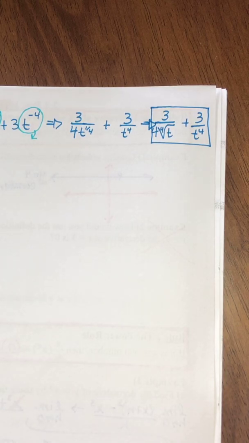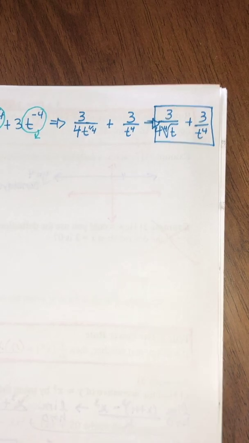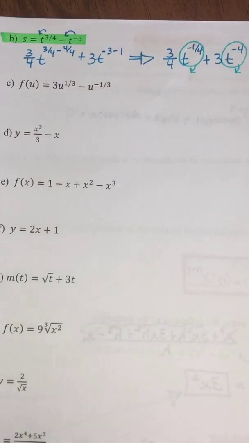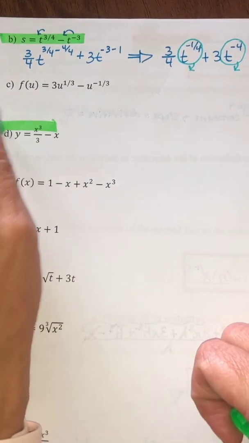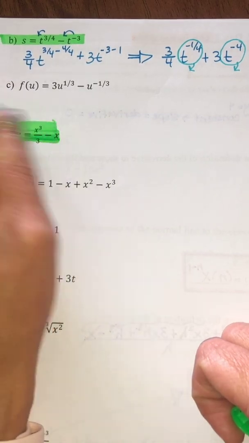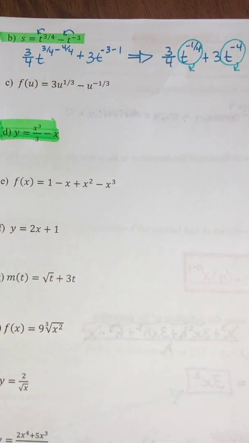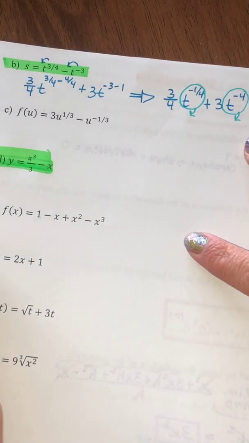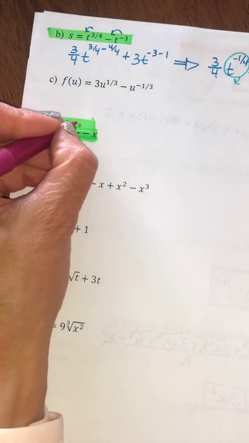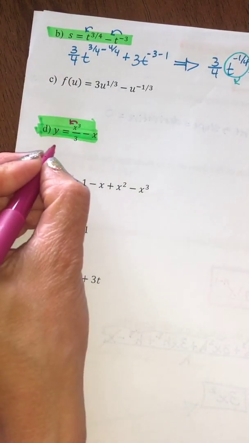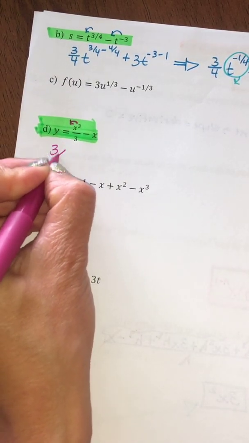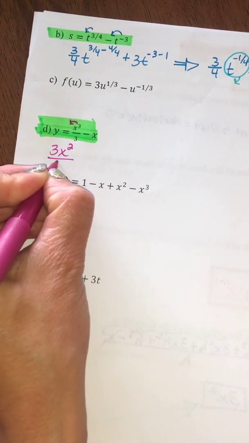All right, next one, we're gonna skip C and do D. So we have y equals x cubed over 3 minus x. Okay, so let's do this. We've got to drop the exponent in front, so we'll have a 3x squared over 3.